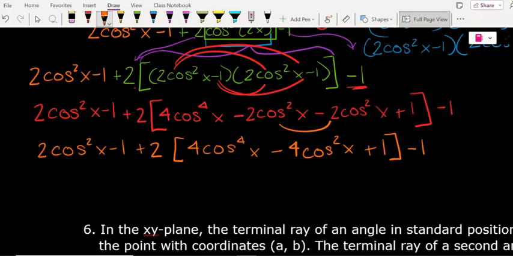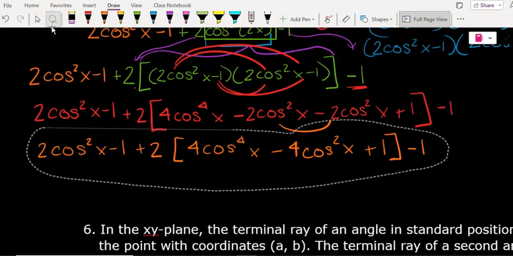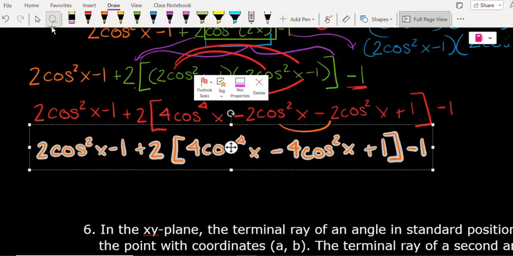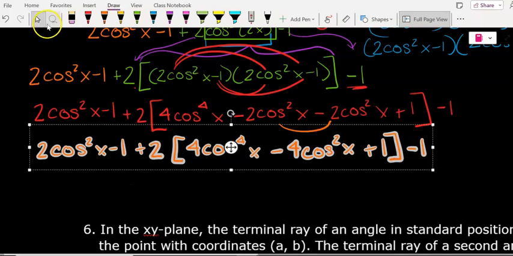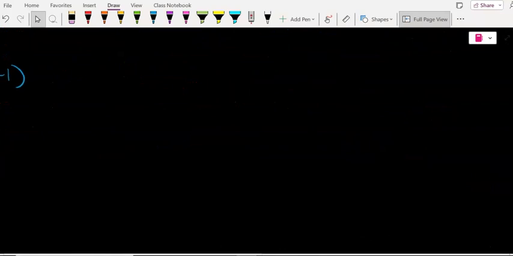I've got that minus 1 at the end. Okay. So I'm going to have to take that information and keep on going. So I'm going to just copy and paste this right on over to the other side over here so I can keep on going because I've run out of space.